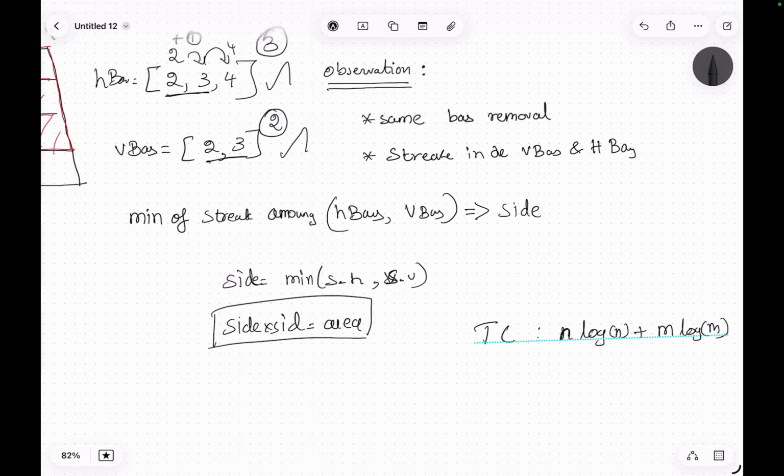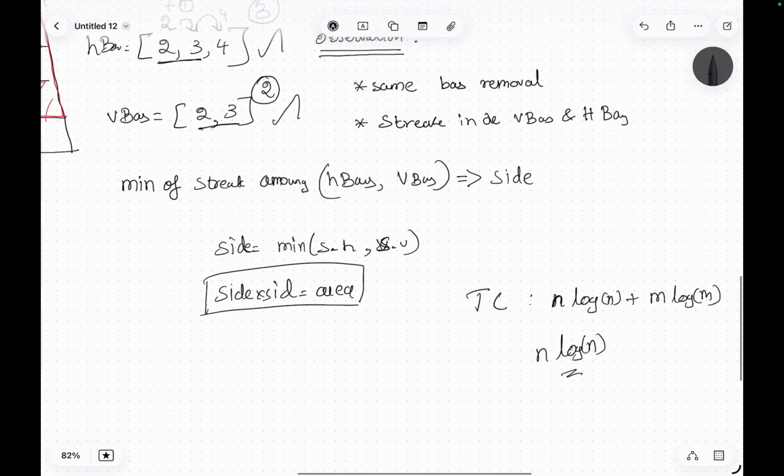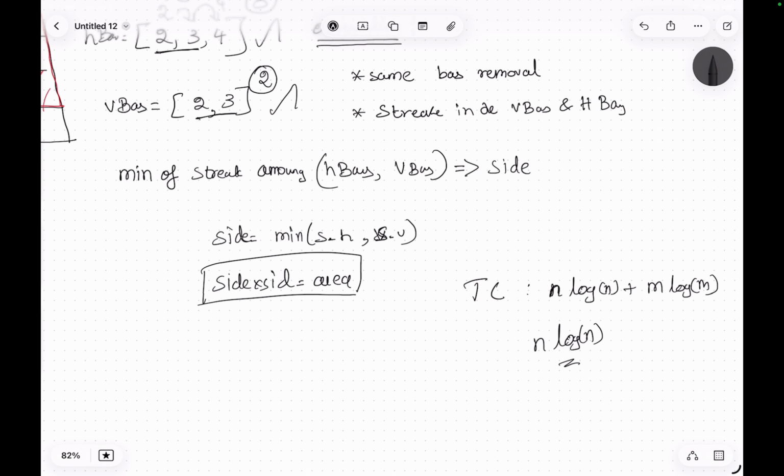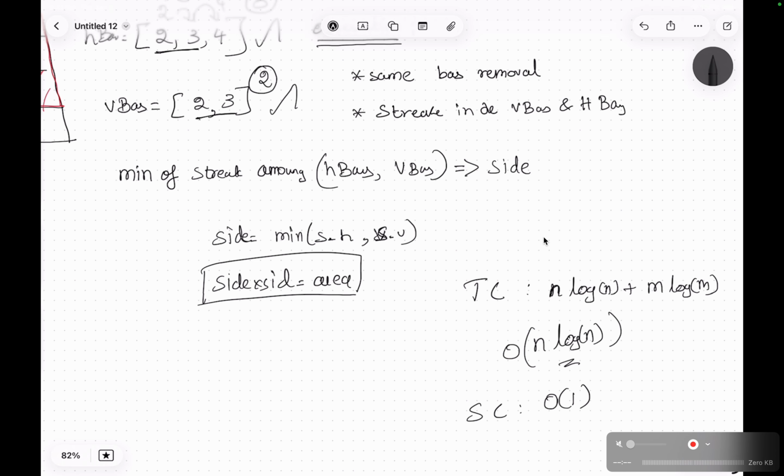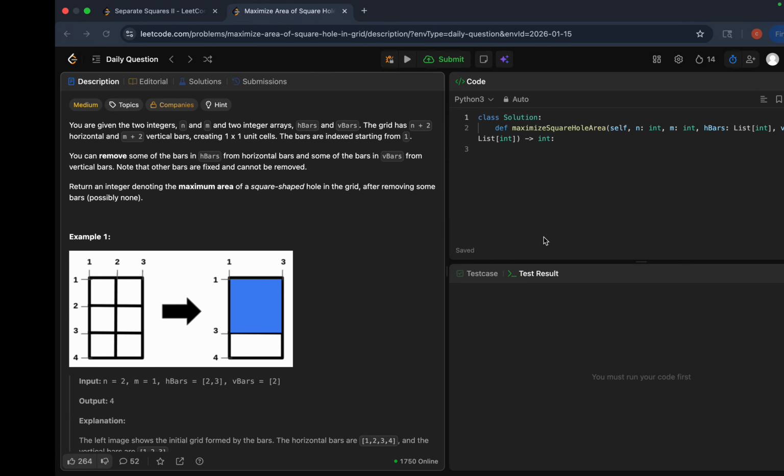So in total it will be n log n plus m log m, right? So this is the time complexity, and there is no extra space we are using, so space complexity will be big O of 1. That is it, right? So with all this observation, let us go ahead and code this up, right?